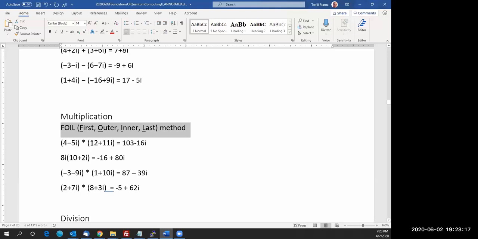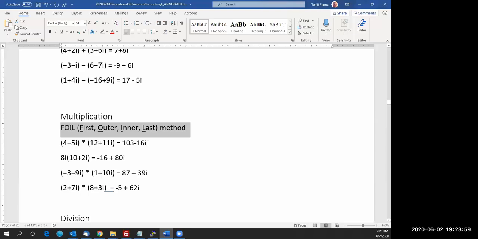So that would be 4 times 12, and I'm going to do this in my head, which is 48, plus 44i, 4 times 11i, minus 60i, and then I do the last, which is minus 5i times 11i, which is minus 55i squared. I squared is minus 1, so that becomes plus 55.